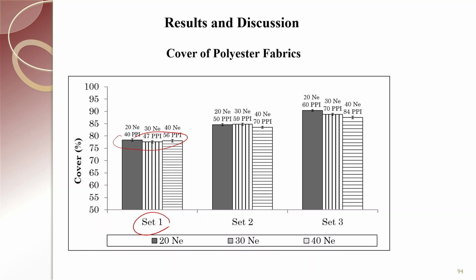With the yarn count this cover factor does not change; it is not significantly different because we try to keep the cover factor the same. So, these are almost the same, there is no change in fact in the cover factor with the count because we have adjusted the pick density.